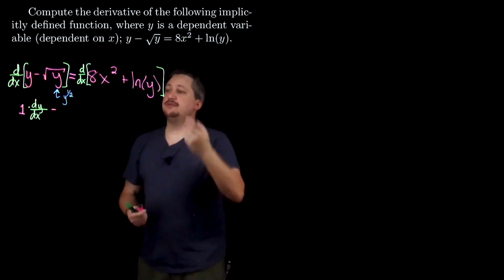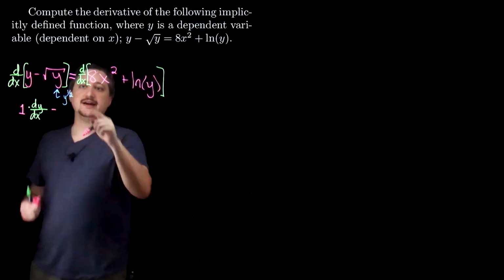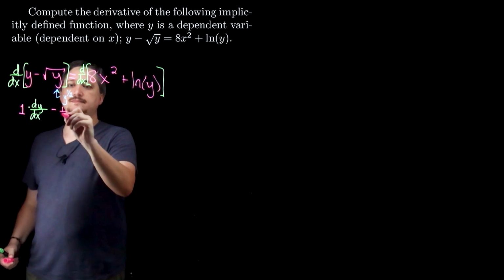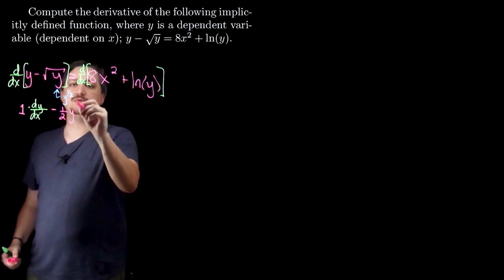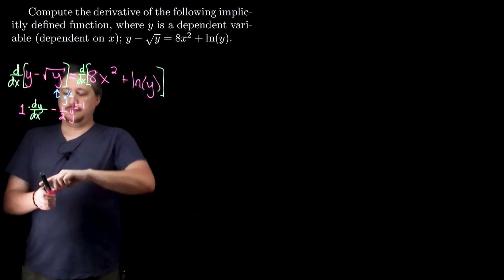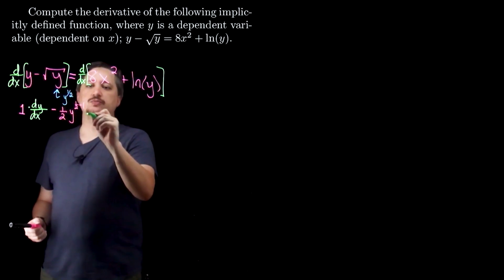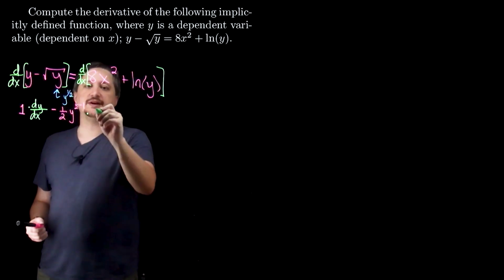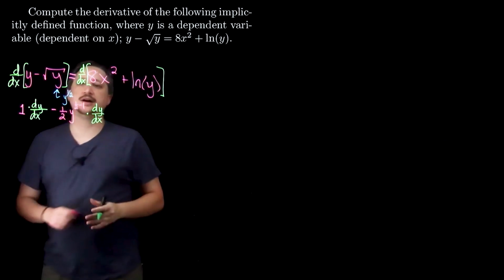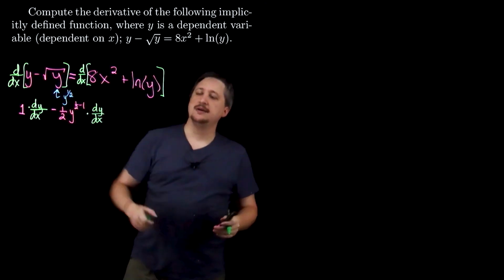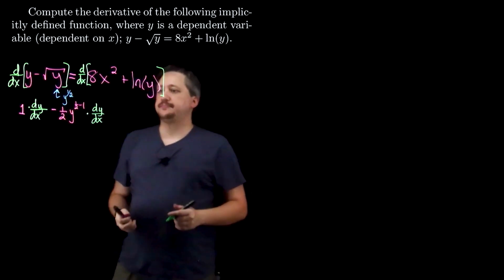When I take the derivative, I again treat it like an x, so I pull the 1/2 down, and y to the 1/2 minus 1. But because they don't match, I need to multiply by the derivative of the inside, which again is dy/dx, the derivative of y, because the inside is just y. So I get dy/dx.